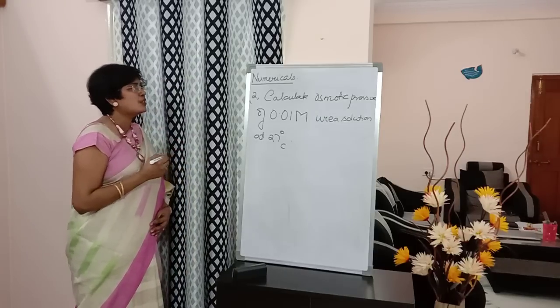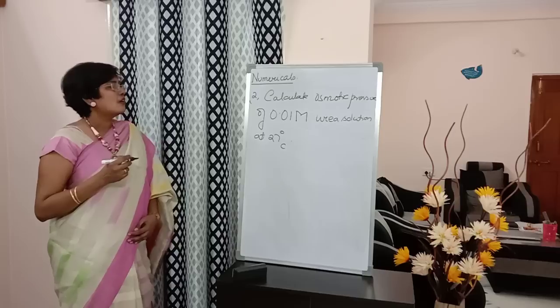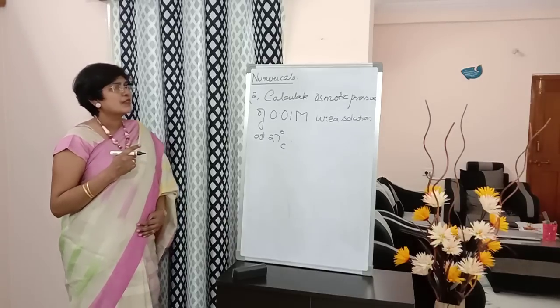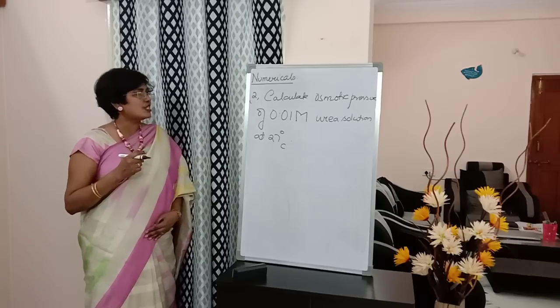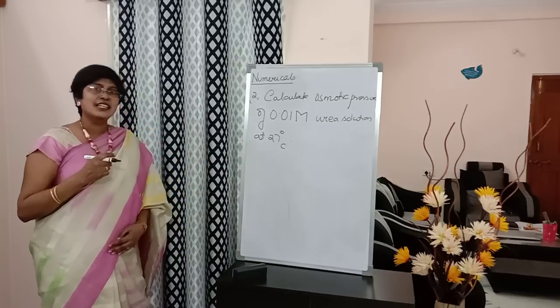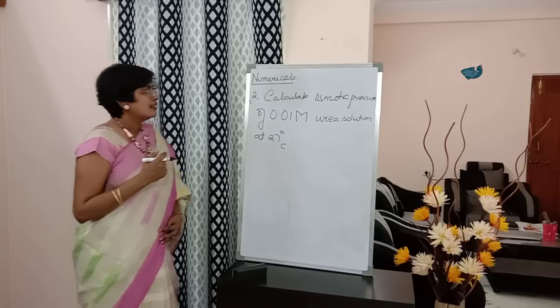This is your problem, students. Calculate osmotic pressure of 0.01 M urea solution at 27 degrees centigrade.